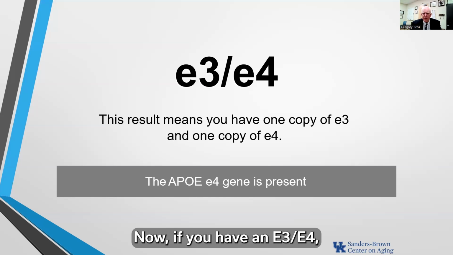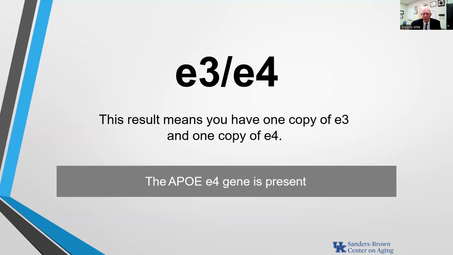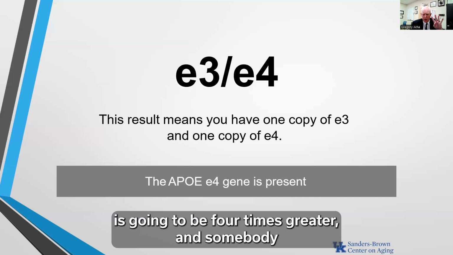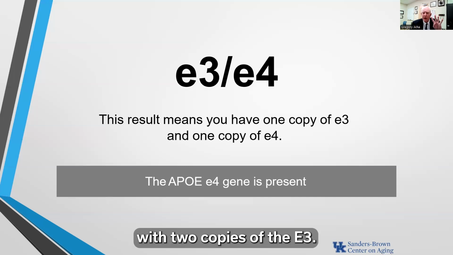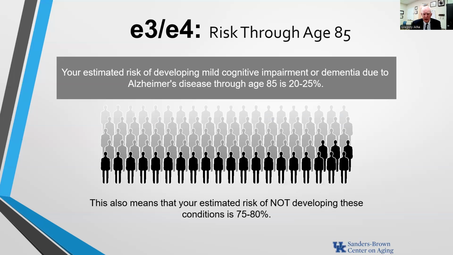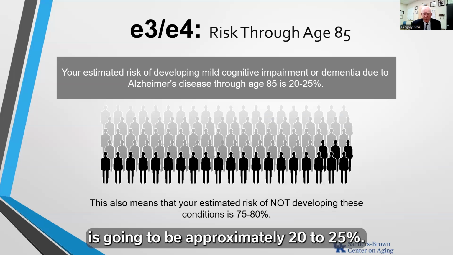Now, if you have an E3, E4, this is a situation where your risk for Alzheimer's is going to be 4 times greater than somebody with 2 copies of the E3.